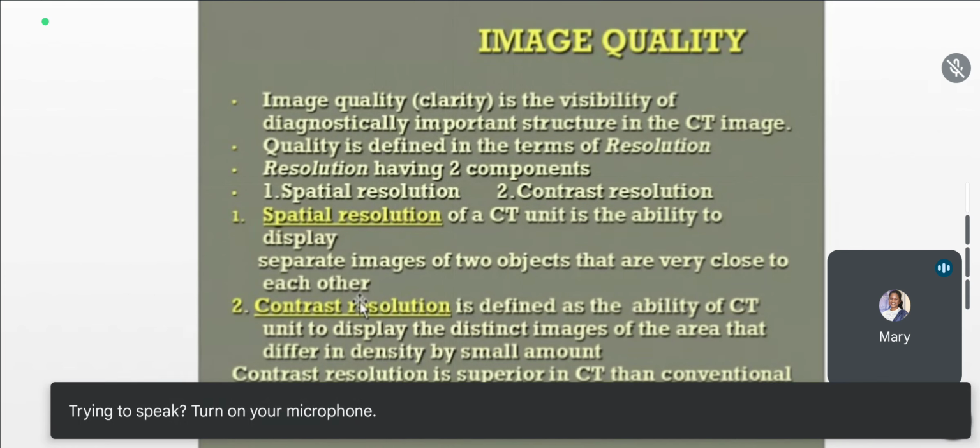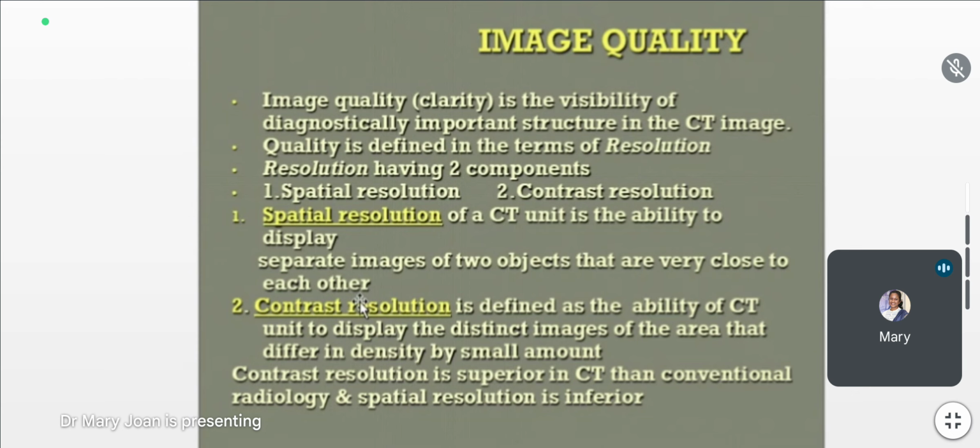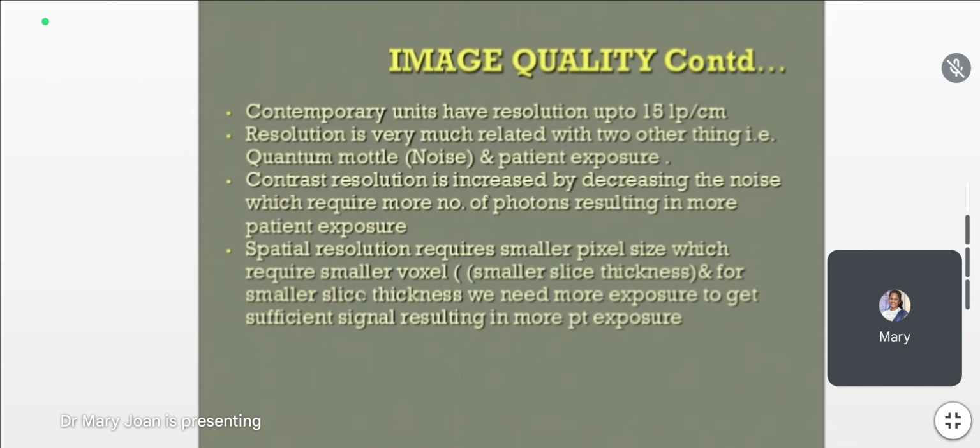Contrast resolution is the ability of the CT unit to display distinct images of areas that differ in density by a small amount. Contrast resolution is superior in CT compared to conventional radiology, and spatial resolution is inferior. Contemporary units have resolution up to 15 line pairs per centimeter.